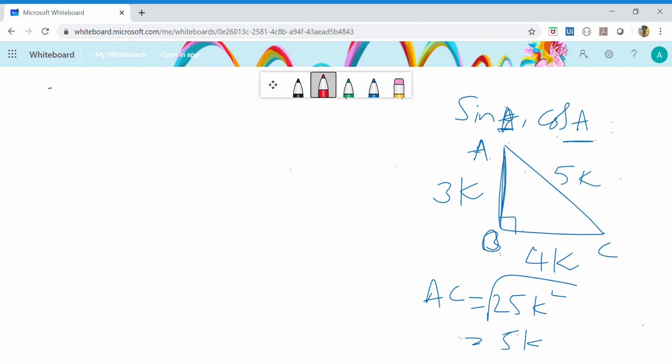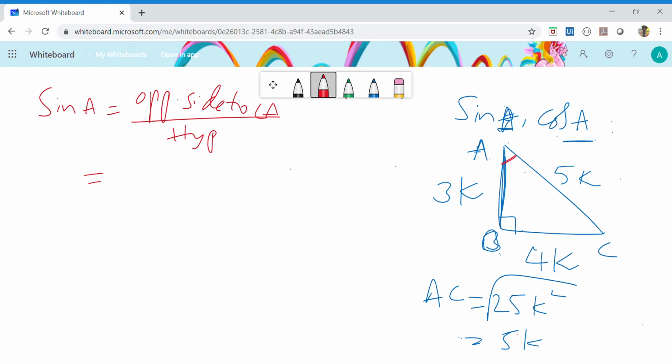Then you have to write sin A. Sin A is equal to the opposite side to angle A by hypotenuse. What is the opposite side to angle A? BC. BC by hypotenuse AC. BC is 4K by hypotenuse 5K. K gets cancelled. 4 by 5.